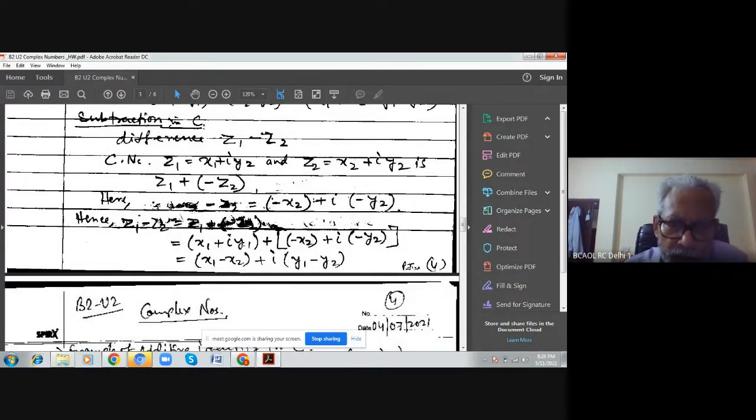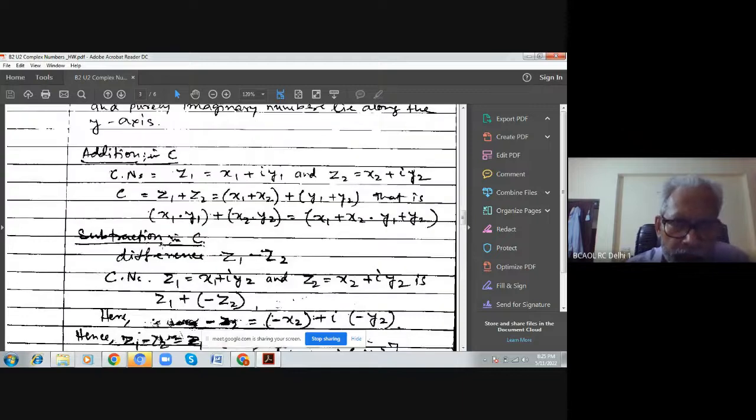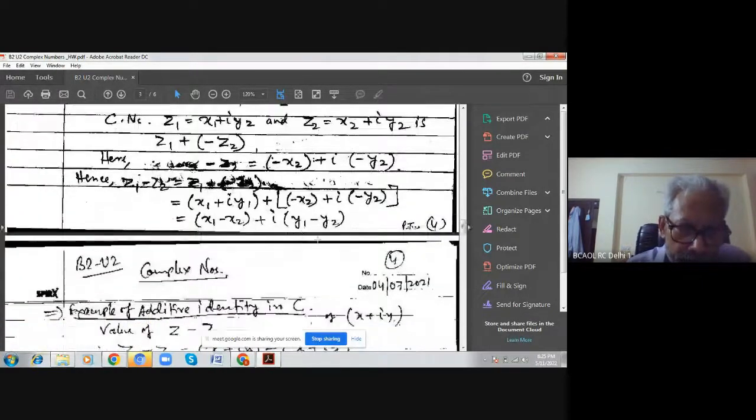Here it will come x1 minus x2 plus iota, you can take common, y1 minus y2. In this case, simply changes, there is one minus in the case of subtraction. But in the case of addition, it is simply plus. So not much change, only the sign will change.